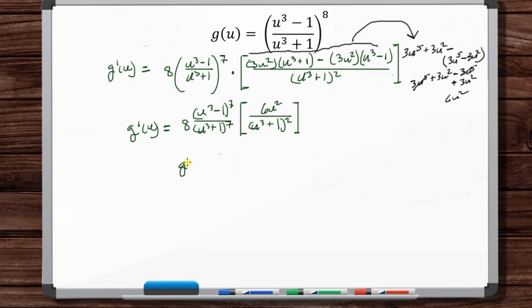So these u cubed plus 1 to the 7th and u cubed plus 1 squared, we can combine that: u cubed plus 1 to the 9th. All right, and then 8 times 6 is 48. So 48u squared, and then u cubed minus 1 to the 7th. Okay, and that is your answer.